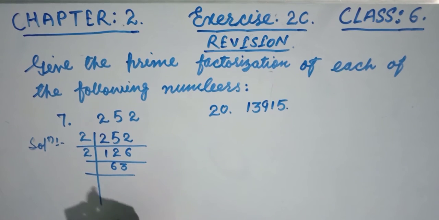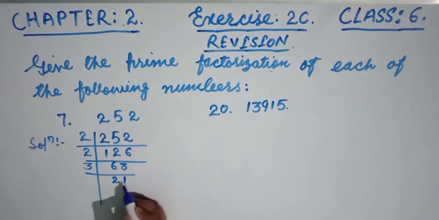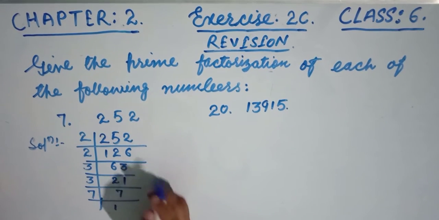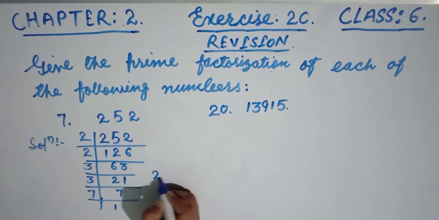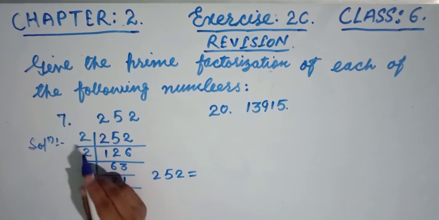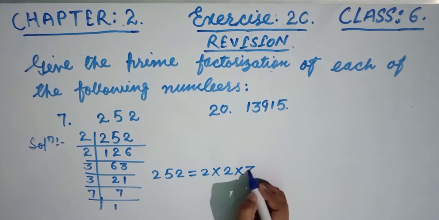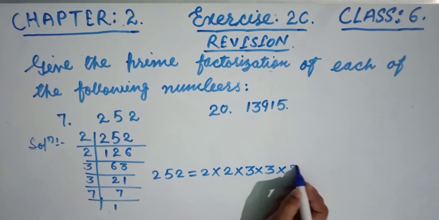Now look, friends, it will get cancelled by 3. 3 twos are 6, and 3 ones are 3, once again 3 sevens are 21, and 7 ones are 7. Now this number 252 can be written as 2 multiplied by 2, multiplied by 3, multiplied by 3, multiplied by 7.